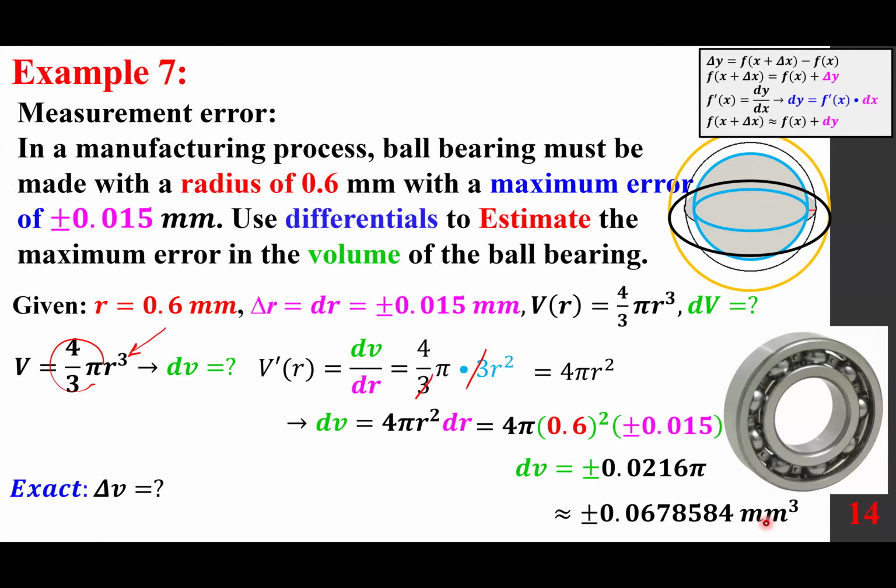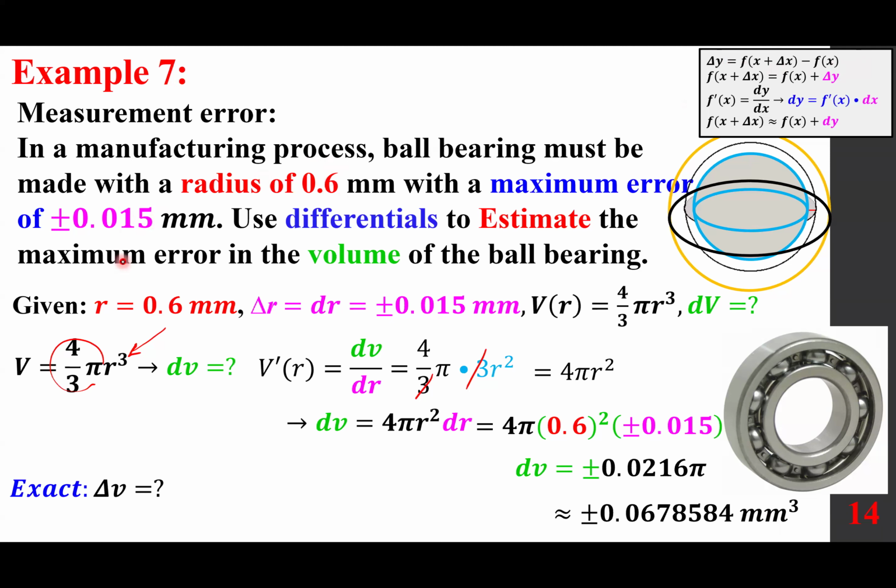The answer is yes. The exact value means delta V, like delta y, is f of x plus delta x minus f of x. In this case, it would be the volume of r plus this number, minus the volume of r.